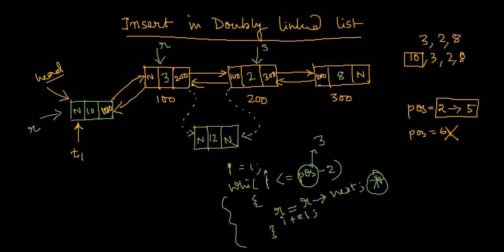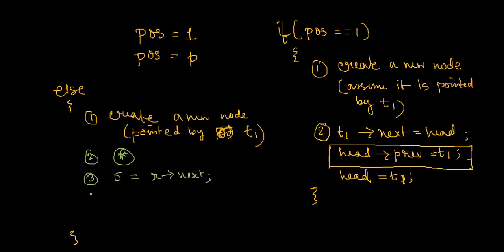Now what to do? If you want to place this newly created node in between this R and S, you have to just replace the address 200 by the address of this newly created node, which is pointed by T1, right? So in this 4th step, you can easily write R next equal to T1.